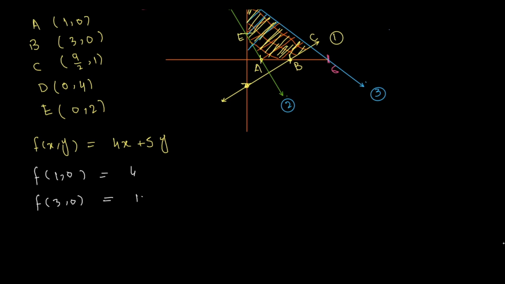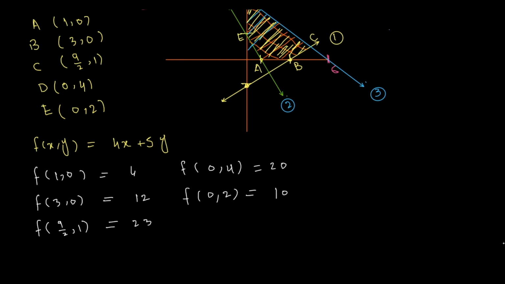In this case we get the answer 12, and f of 9 by 2 comma 1, in this case we will get the answer 23. Also f of 0 comma 4, in this case we will get answer 20. And f of 0 comma 2, we will get the answer 10.